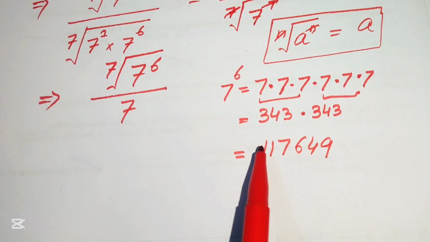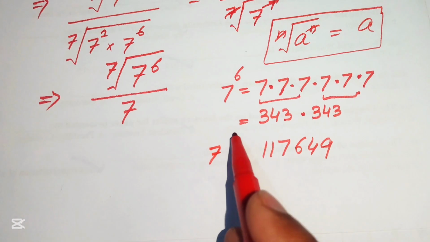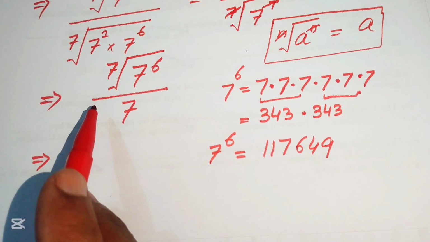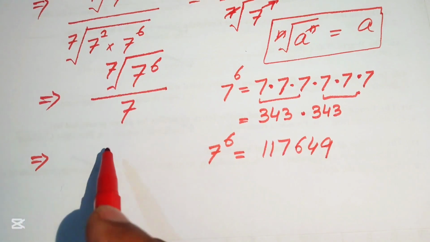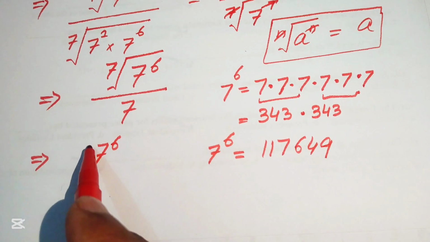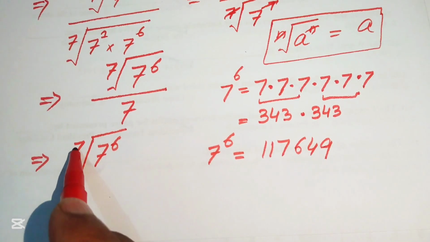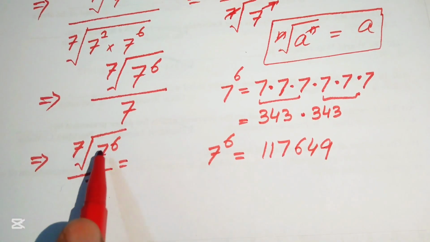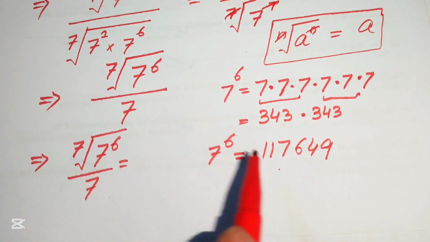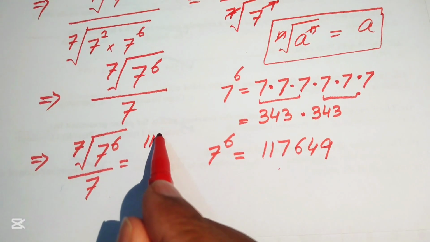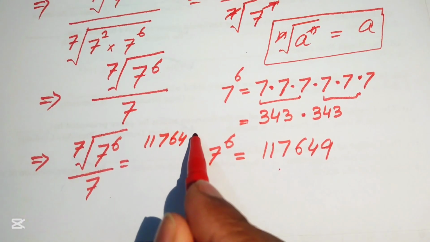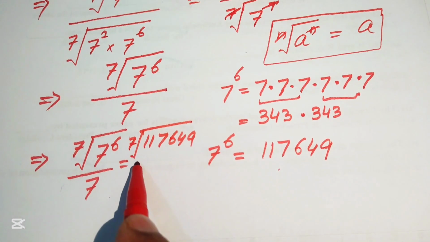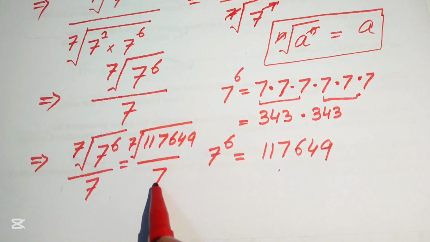We substitute this value of 7 to the power of 6 here, and this expression, 7 to the power of 6 and its 7th root divided by 7, will be written as 117,649 and its 7th root, divided by 7.